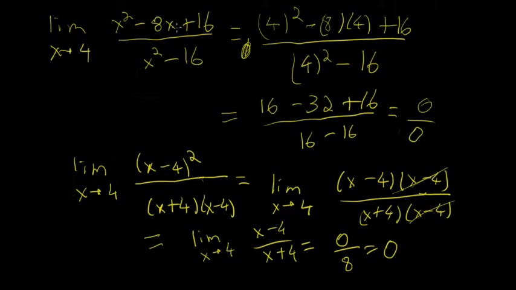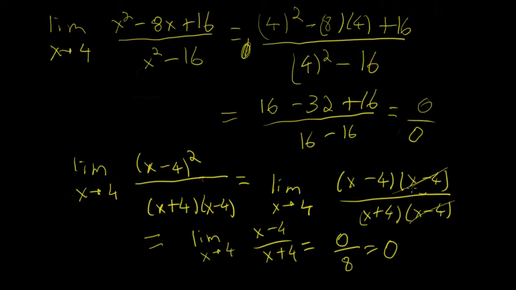Here we used factoring of this numerator, x squared minus 8x plus 16, into x minus 4, the quantity squared, and then rewrote that as x minus 4 times x minus 4. And in the denominator, we factored x squared minus 16 as the product of x plus 4 and x minus 4.